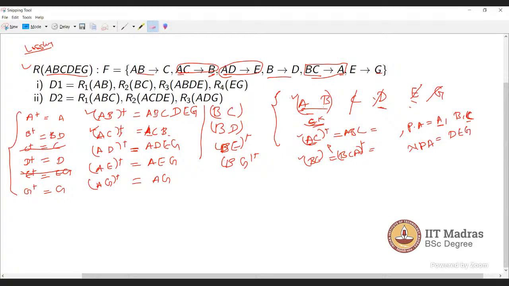Yes, anyone? If you don't have any doubt, we can skip this part. Otherwise, I can take one example here. Yes, sir, can you take one example?